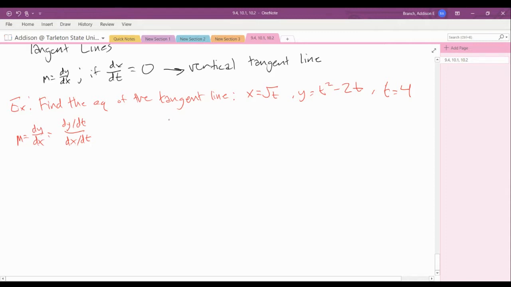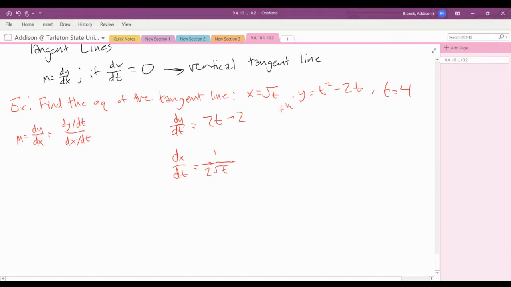So dy/dt: t squared goes down to 2t, and then 2t goes down to negative 2. For dx/dt, we have x is t to the 1/2, which will go down to 1/2 over square root of t.